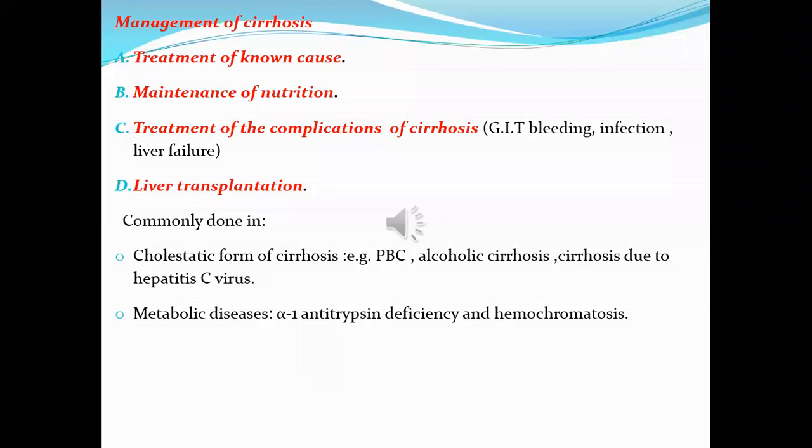Commonly, liver transplant is done in cholestatic forms of cirrhosis, for example primary biliary cirrhosis, or in patients with alcoholic cirrhosis or cirrhosis due to hepatitis C. These cases are the most common candidates for liver transplant. Or juvenile causes of cirrhosis, for example alpha-1 antitrypsin deficiency or hemochromatosis, are also good candidates for liver transplant.